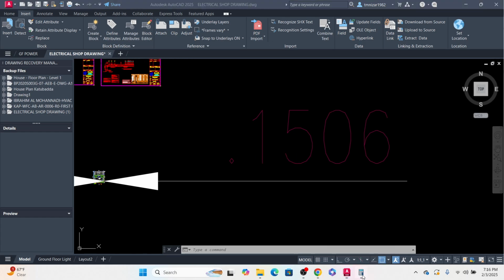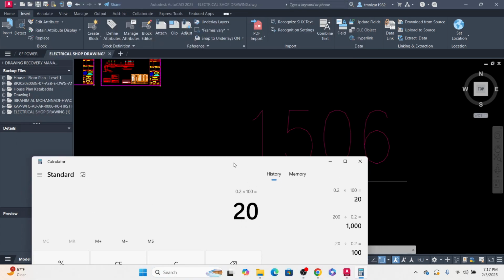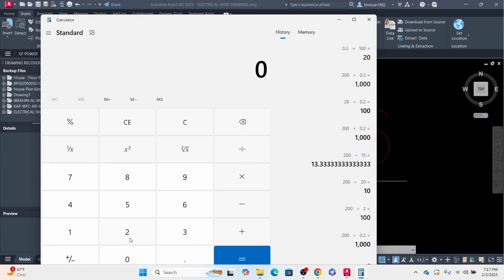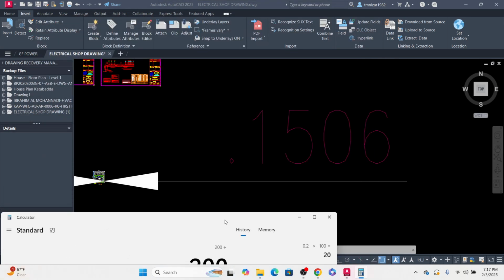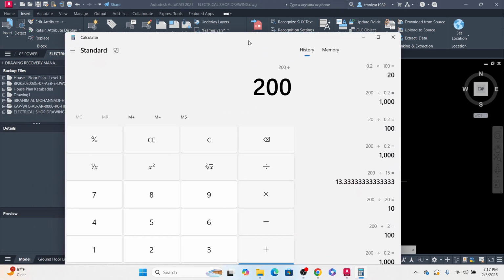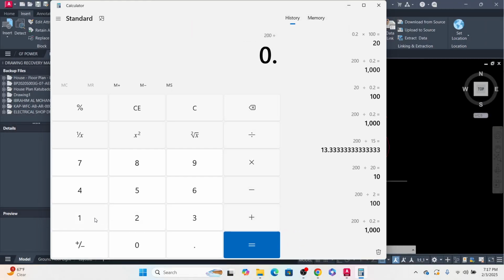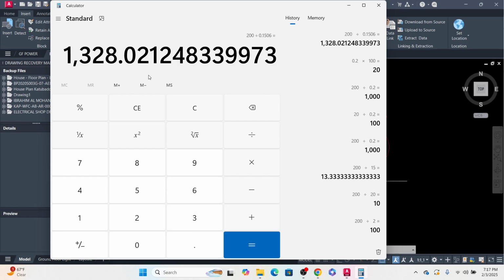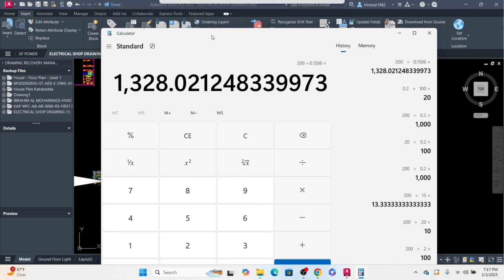So let's go to the calculator. 200 divided by 0.1506. So this is the scale, 1 to 1328.02124.